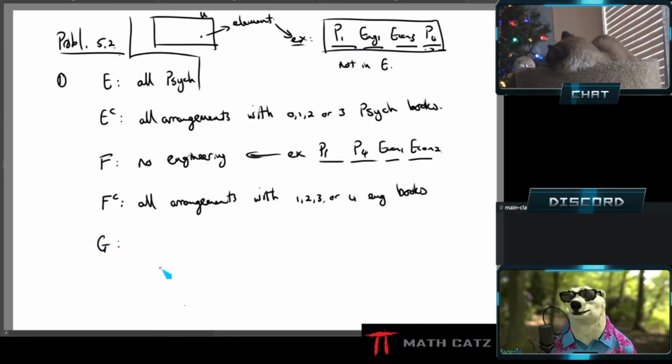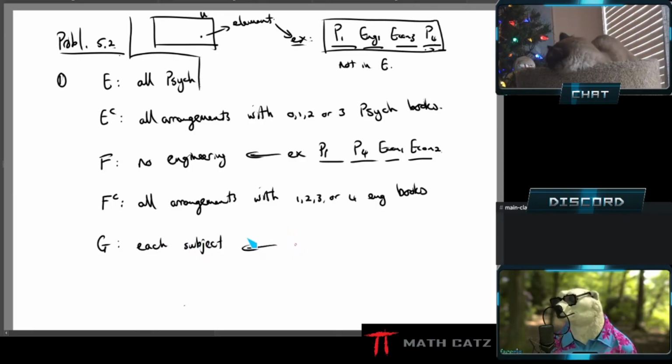G. I might not do the whole thing, but at least it'll get you started. What is G? G is the set, or the requirement, that at least one book from every subject. Each subject should be represented.